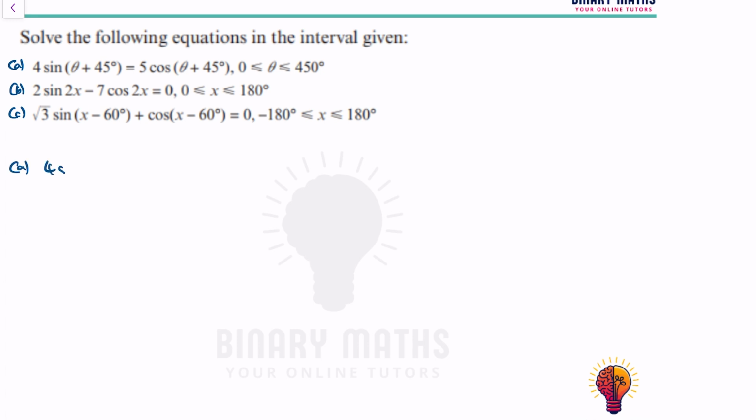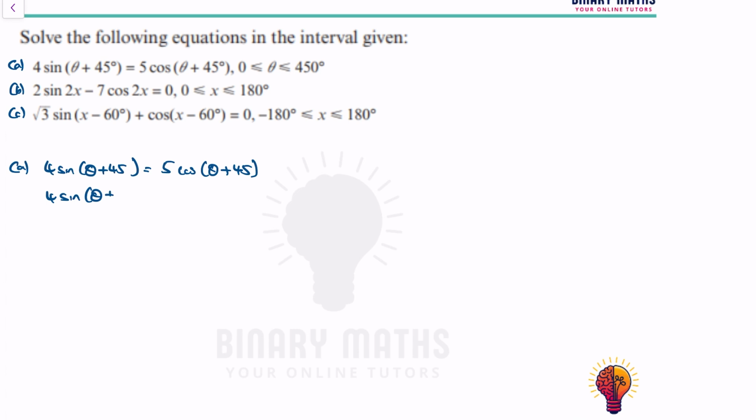So 4 sine of theta plus 45 degrees is equal to 5 cos of theta plus 45 degrees. I'm just not going to write the degrees at the moment because that's not important. Okay, so I know I've got sine and cos involved, no squares involved, so it's going to be the first identity.